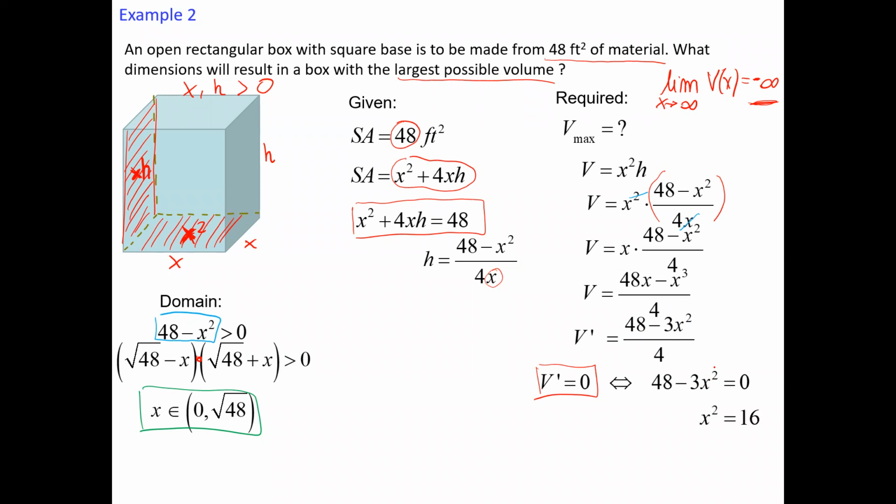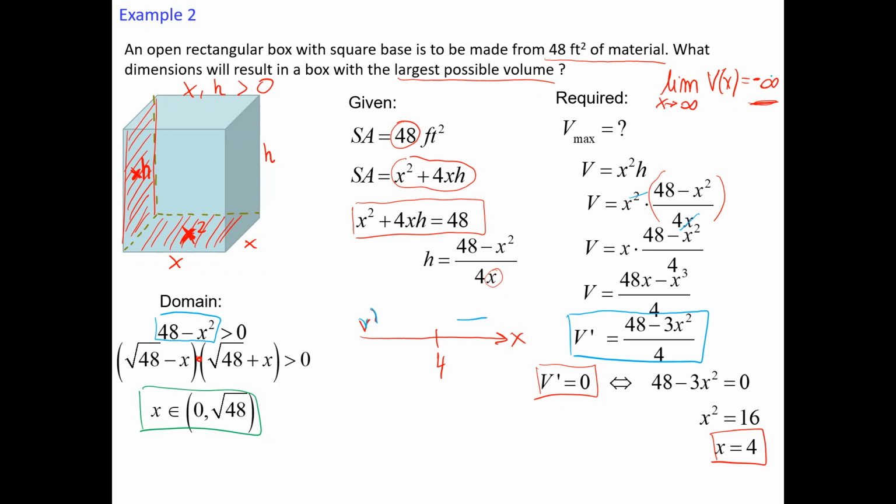Let's solve, dividing by 3, we get 16. Positive and negative 4, but we're not looking at negative numbers. x equals 4 is a critical point. Let's test it. We will test the sign of the derivative, V prime. If I substitute a huge number, we know what happens, it's negative, right?